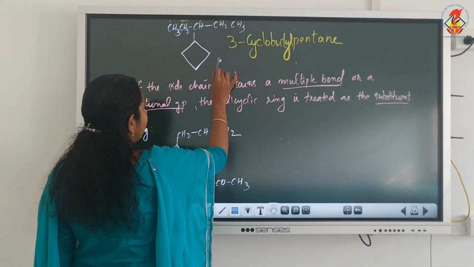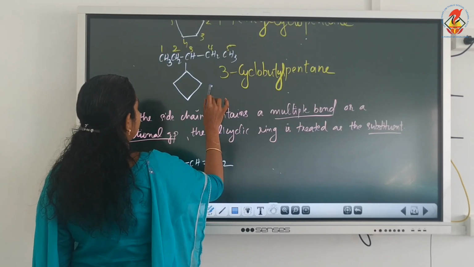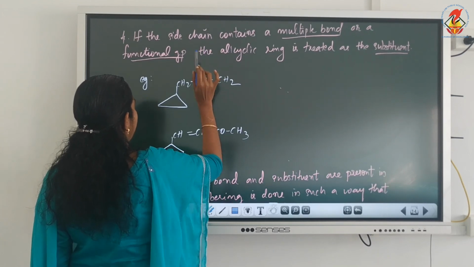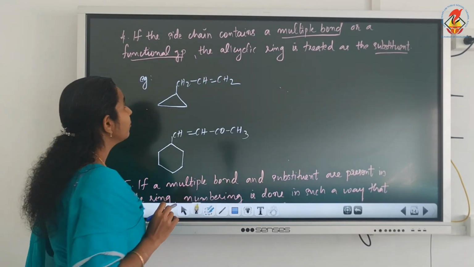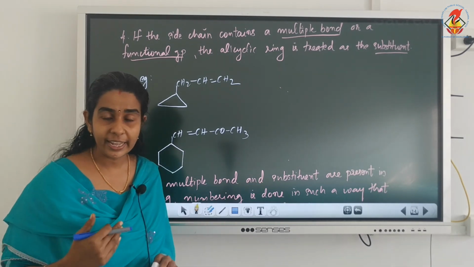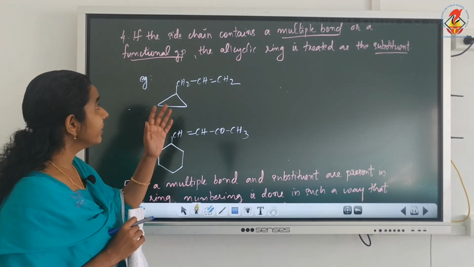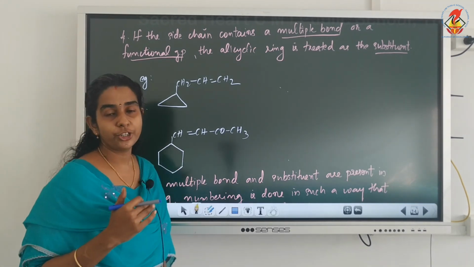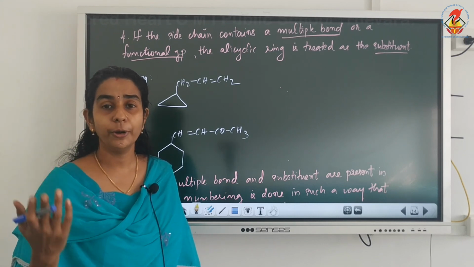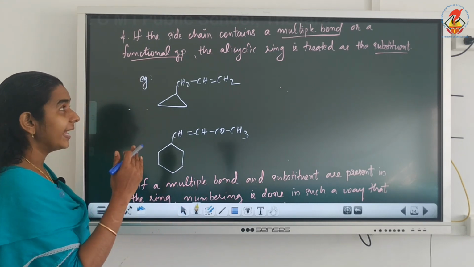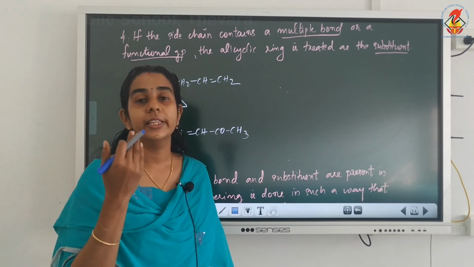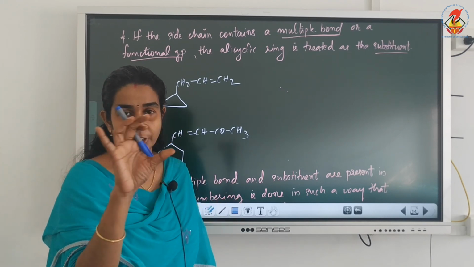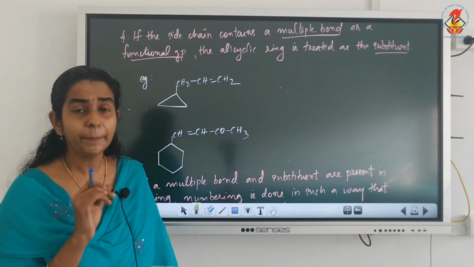Now, the next point: if there is a ring as well as a side chain, and the side chain contains a multiple bond, double bond or triple bond, or a functional group, then here also the ring will be considered as a substituent and the chain will be considered as the parent chain.